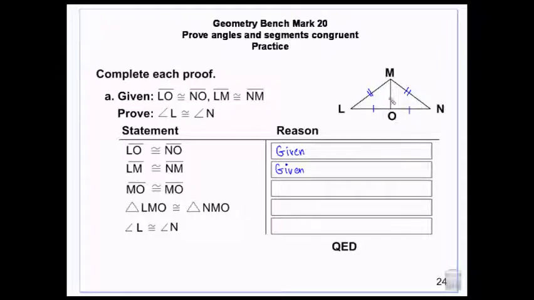Well, I don't know anything about these, but I do know that MO is congruent to itself, so that's reflexive. So I have side, side, side. And then the last line is CPCTC.